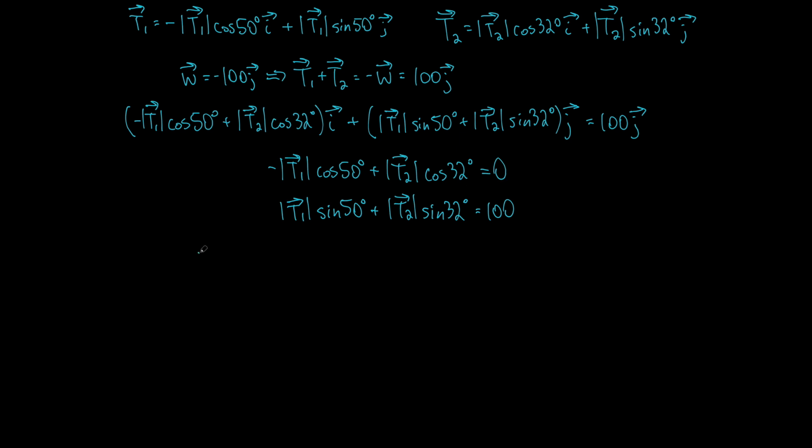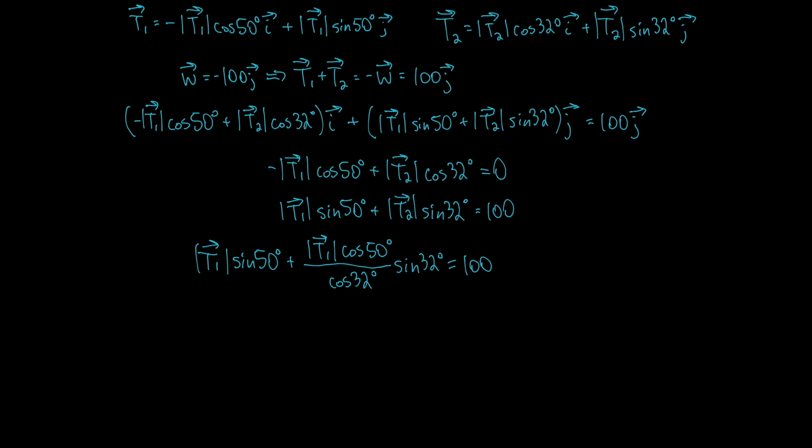So I get the length of t1 times the sine of 50 plus the length of t1 times the cosine of 50 over cosine of 32 times the sine of 32, because this is what you get when you get t2 by itself in this equation, and then we would just replace that over here, and we keep our sine 32. So that equals 100. I just plugged into my second equation.